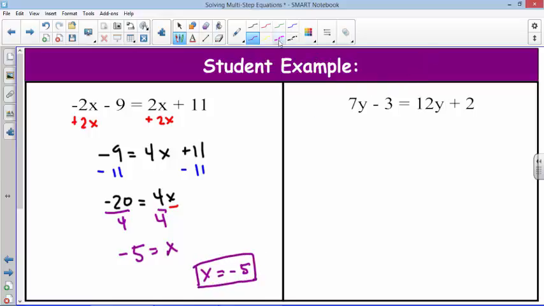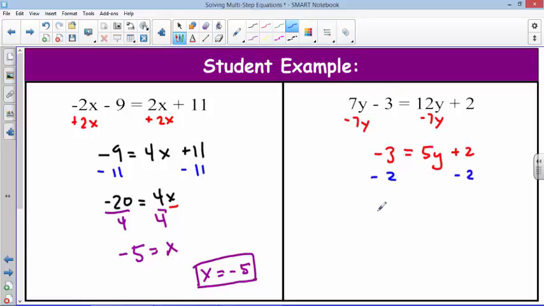Alright, good work. So here I have 7y minus 3 equals 12y plus 2. I'll subtract 7y from both sides. Drop that down, gives me a negative 3 equals 5y plus 2. I'm going to subtract 2 from the right side and the left side.